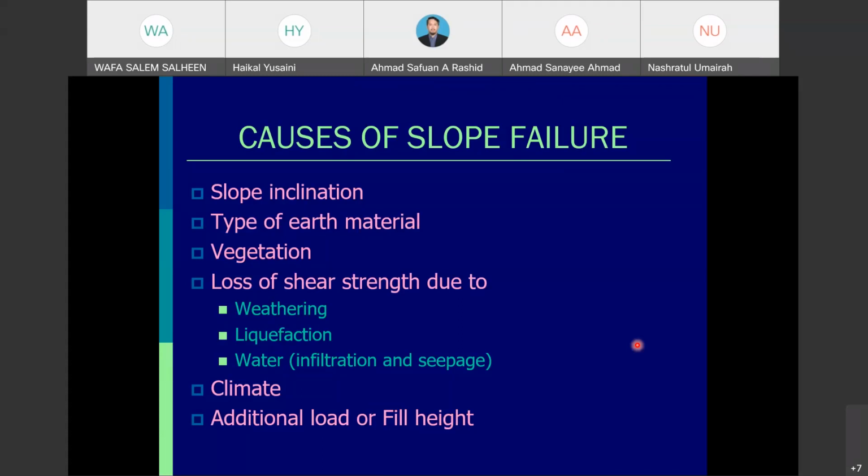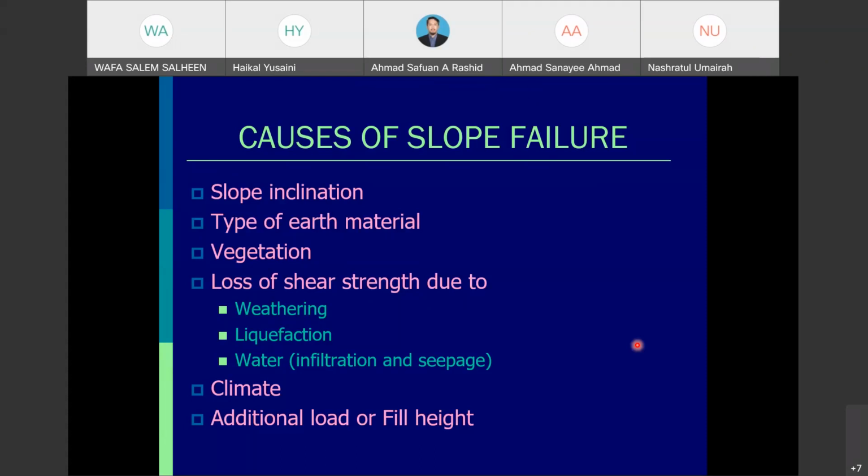Liquefaction is due to earthquake events, where the vibrations from the epicenter could make the soil become like a liquid.